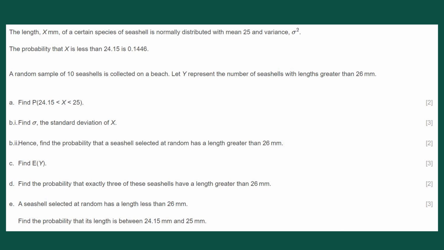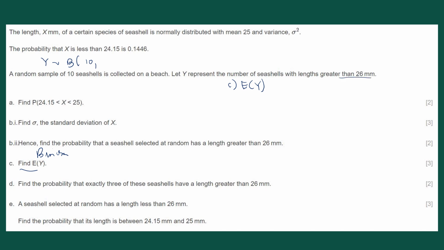Let us solve letter C. It asks for the expectation of the mean. Expectation is related to the binomial distribution. So let's go back here. We have y is binomially distributed with parameters n equals 10 and p, the probability that y is greater than 26.